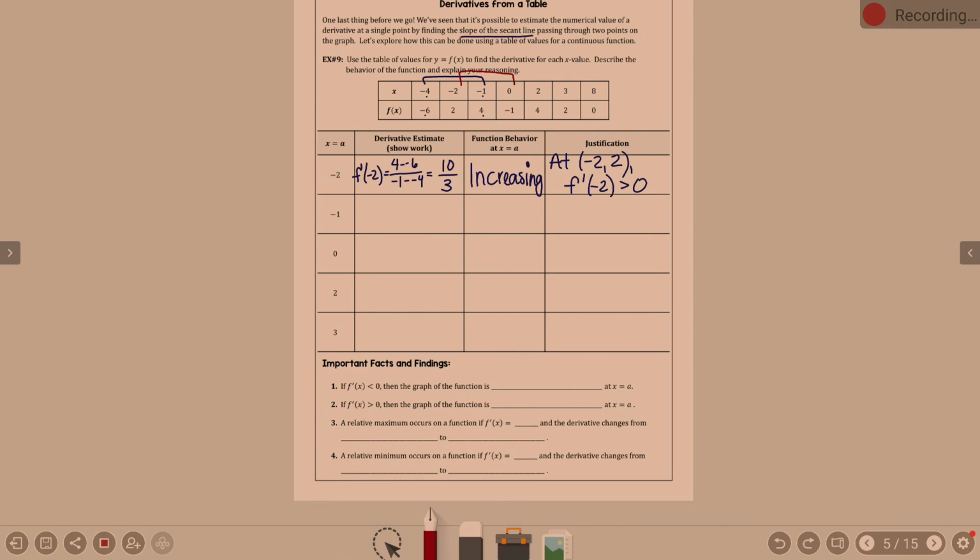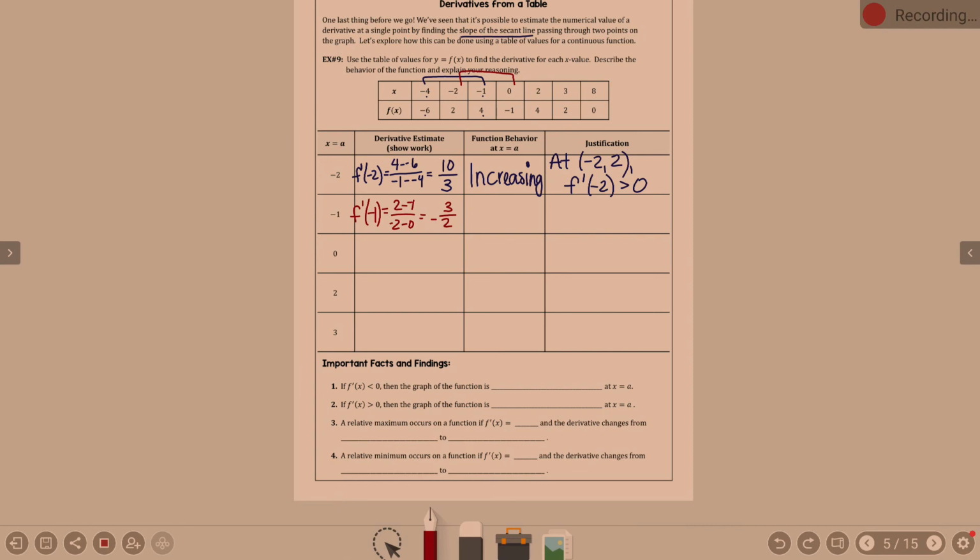Okay, so when x is -1, what are we doing now? Using those 2 points on either side. So f prime of negative 1. I just got negative 3/2. Did you get negative 3/2?